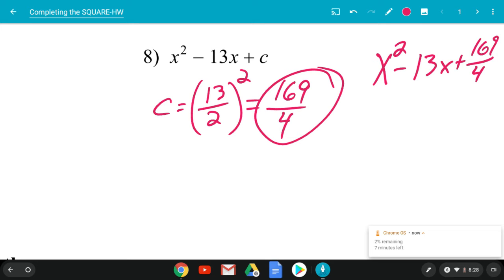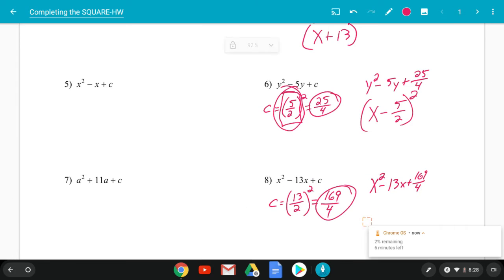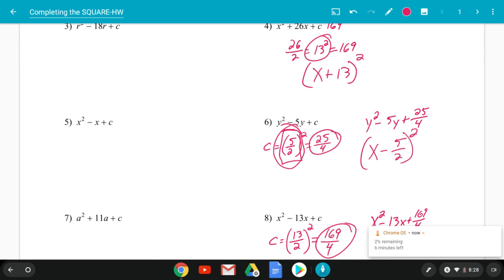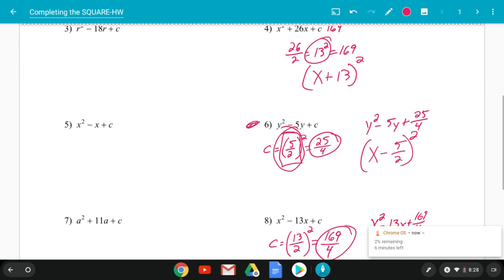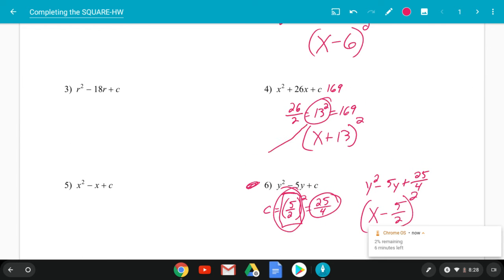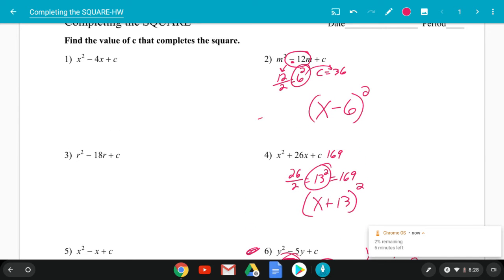What's it going to look like factored? Zyler? What number did I use in the other 3? What number did I use here in number 6? That one, right? What number did I use in number 4? What number did I use in number 2?